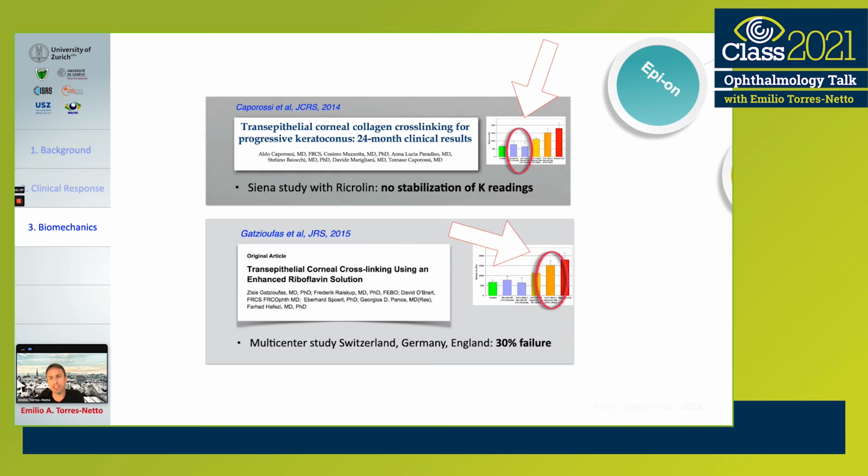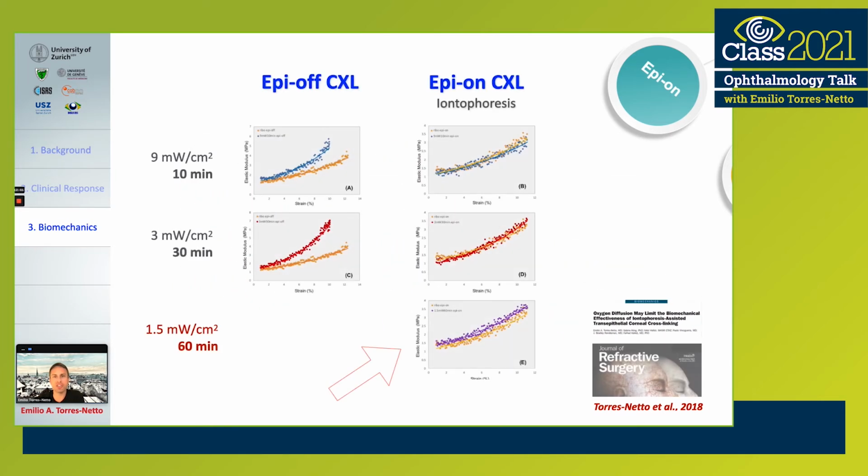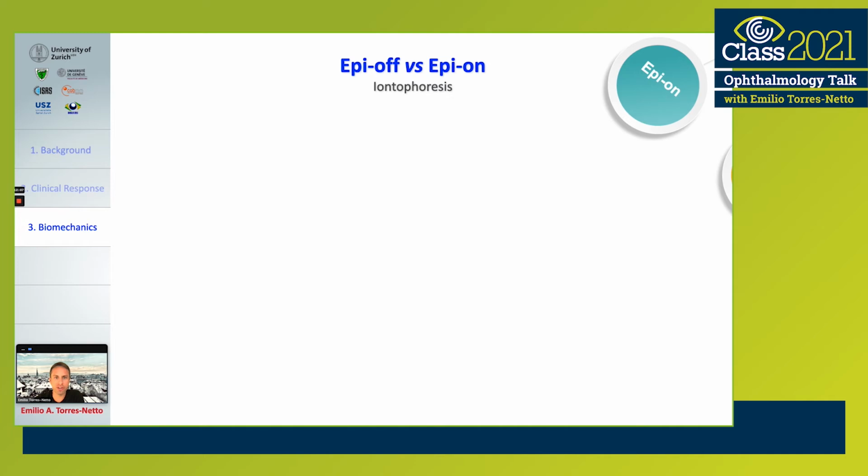That has already been shown in one of our papers, in which we tried to modulate the time and the energy to make transepithelial more effective, and by increasing the time in transepithelial cross-linking, we could reach a better effect.